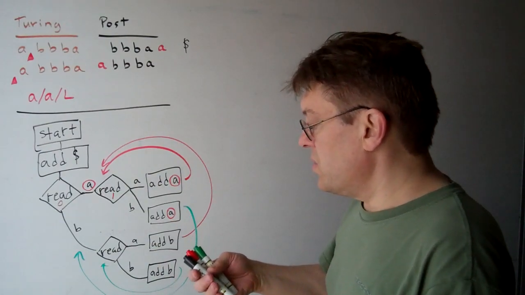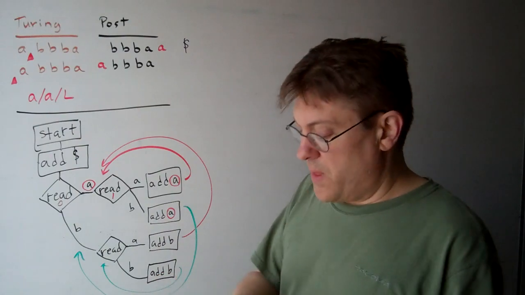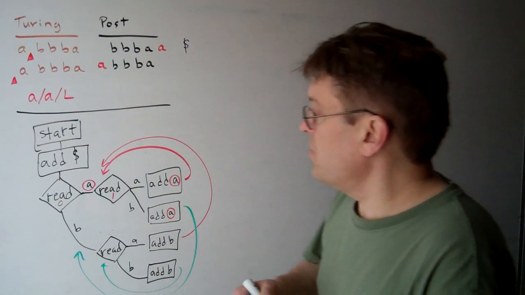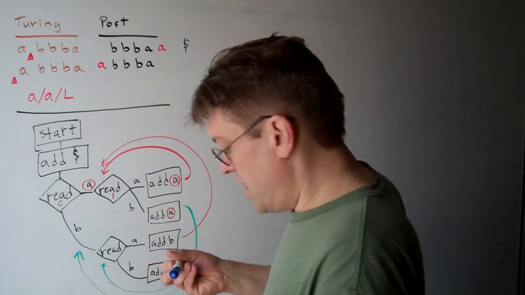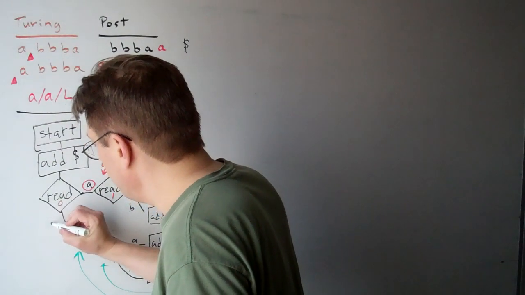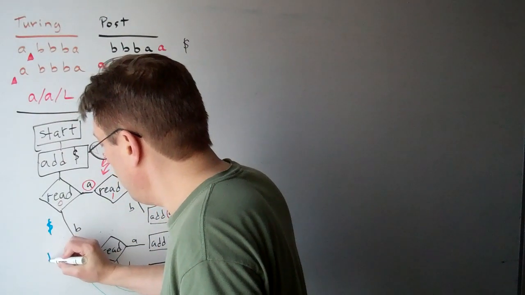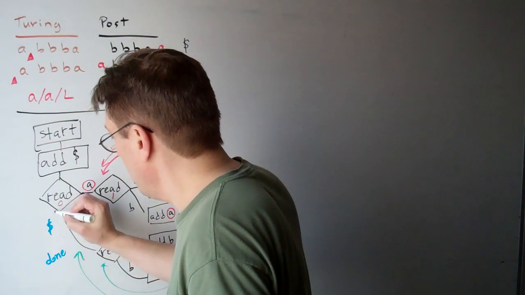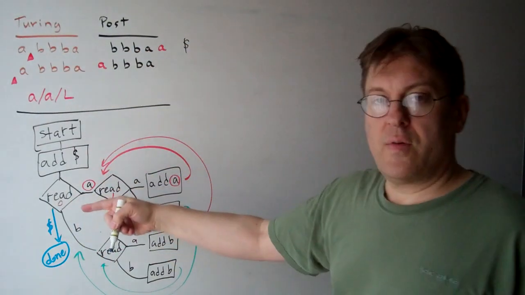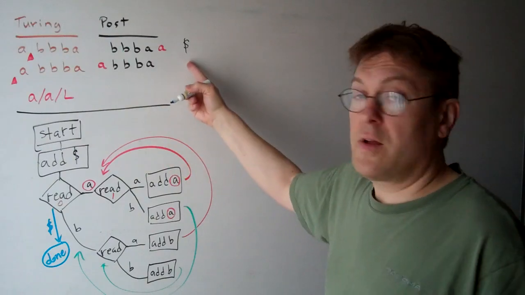So now the question is, what happens when I get to the dollar sign? Well, if I go to the very first read, and it's a dollar sign, I am done. It's an empty string, right? If I read the first character and it's a dollar sign, it's the dollar sign I just wrote.